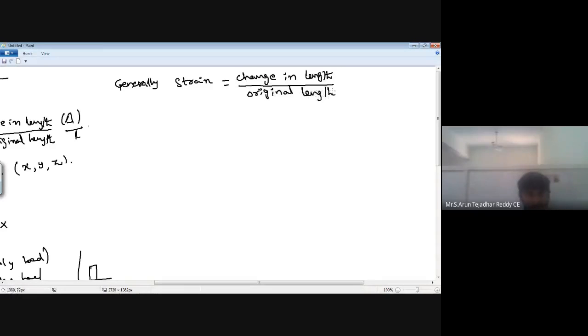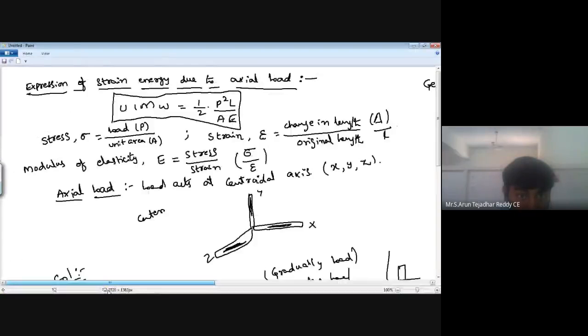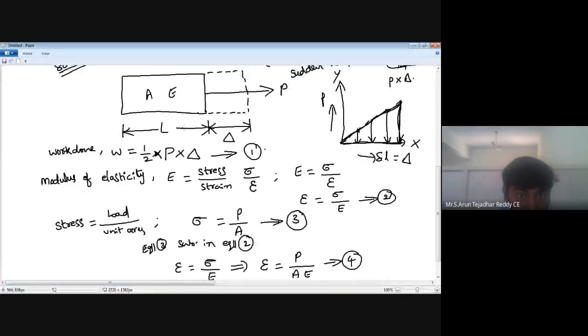So strain is indicated by this symbol, equal to change in length, we can write it as delta, by original length. Once you observe in this diagram, from this body, the original length is L. Due to the load, your change in length is delta.